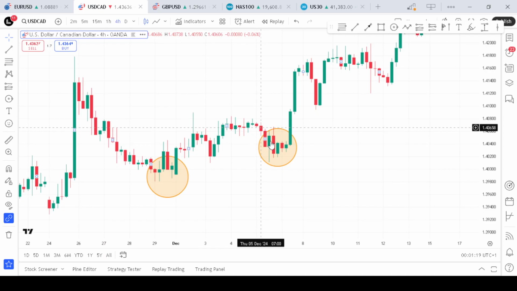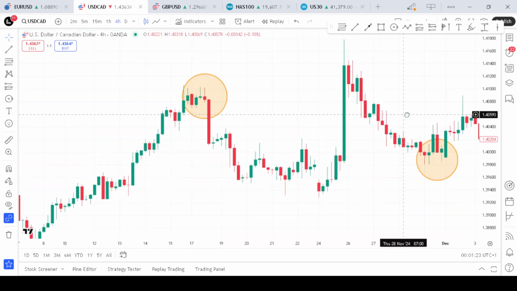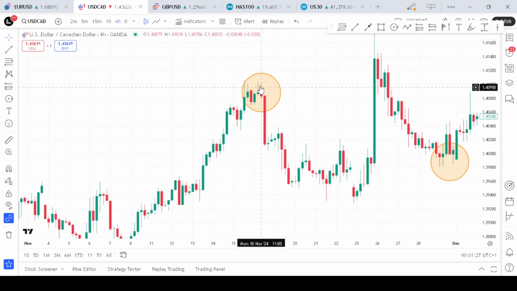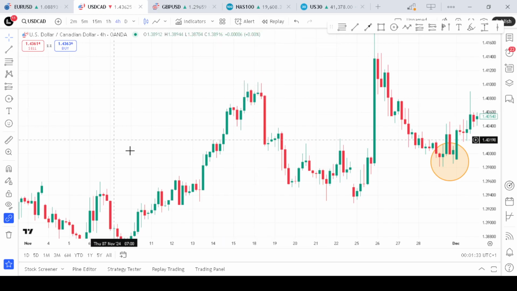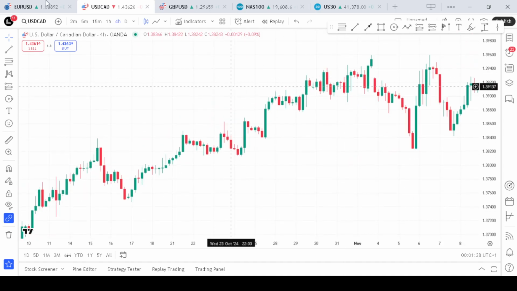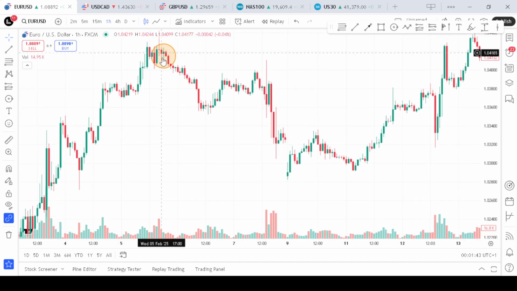This is typically where you notice your hammer, while your hanging man is always seen at the top of a trend. As we can see, our hanging man, sorry, this is not a hanging man. The hanging man is seen at the top of a trend. Let's look at it, this is a hanging man. It is seen at the top of a trend.